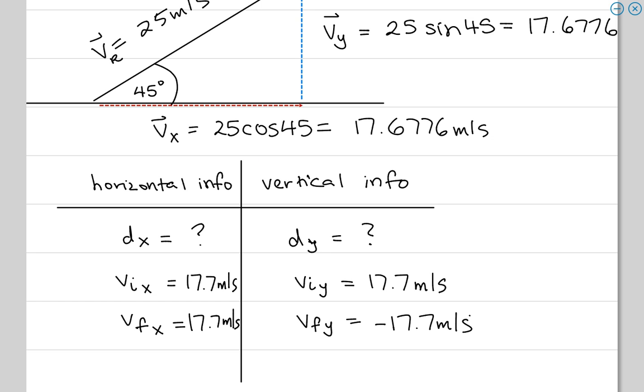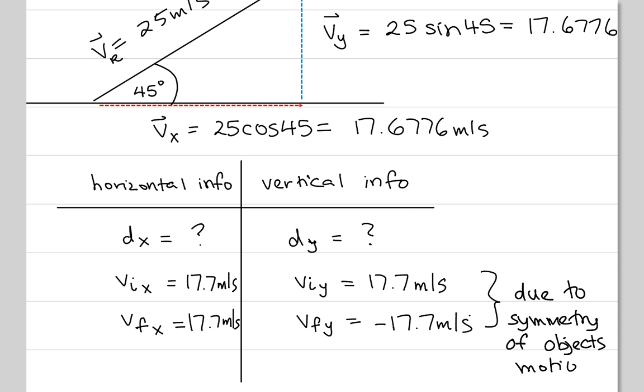Okay. So this right here is so critical, and it's due to the symmetry in the motion. Due to symmetry of object's motion. And these ones over here is just this constant horizontal motion.